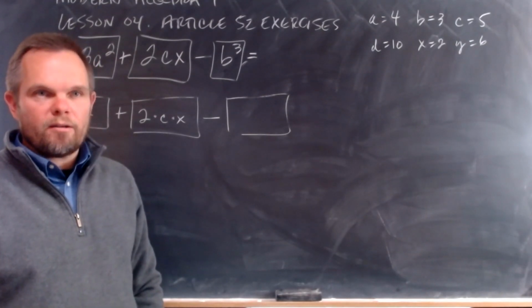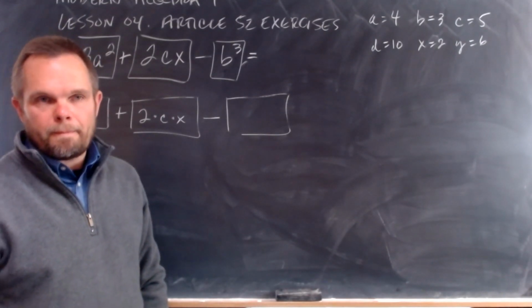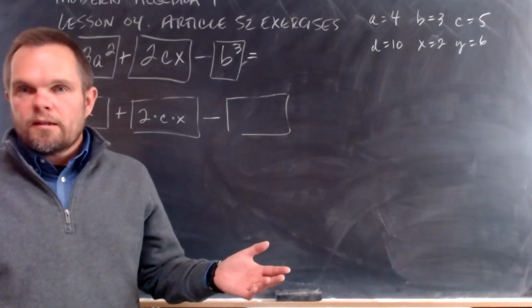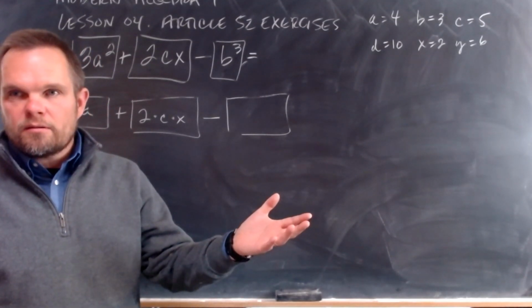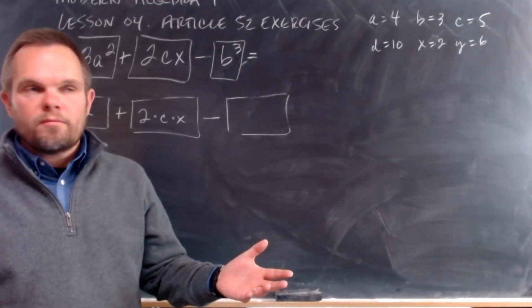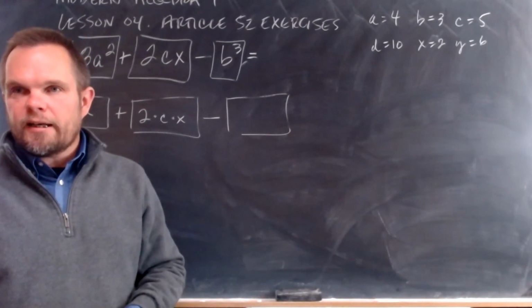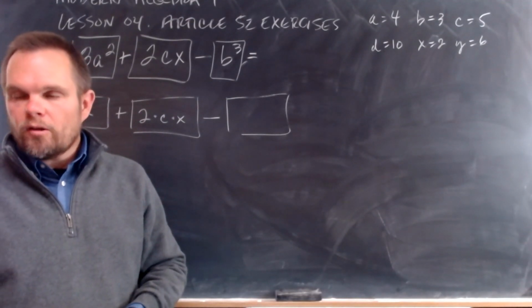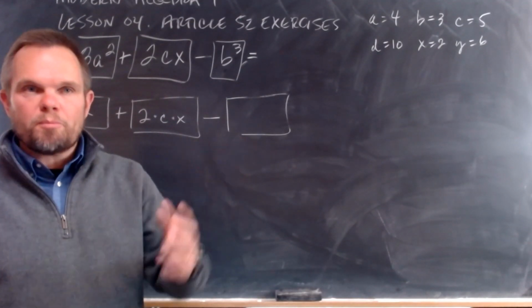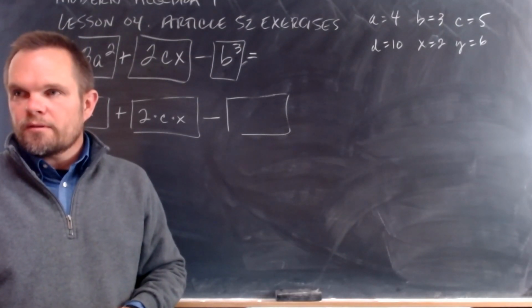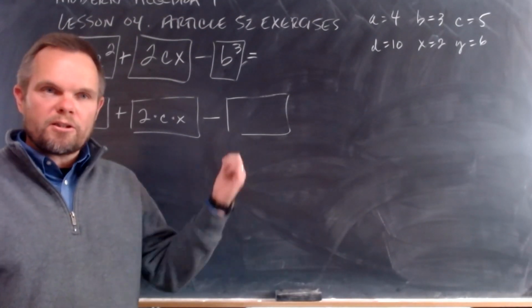That's the kind of stuff that A students don't do. If you're going to get a 100% on an exam, you can't make a careless error. You have to be careful, especially in mathematics.